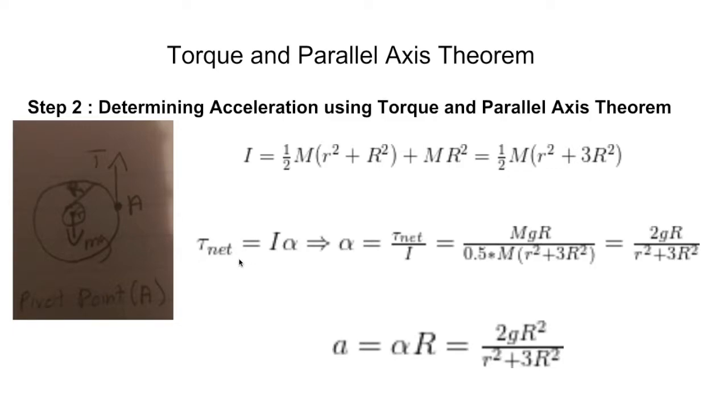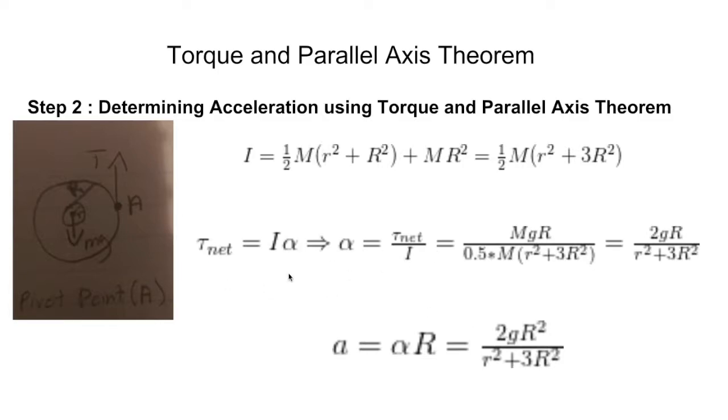You plug that into the torque formula, where torque is equal to inertia times angular acceleration. Angular acceleration is equal to torque over inertia. Torque in this case is m g R due to the pivot point being pivot point A, which eventually gets to angular acceleration equal to 2gR over (r squared plus 3R squared).